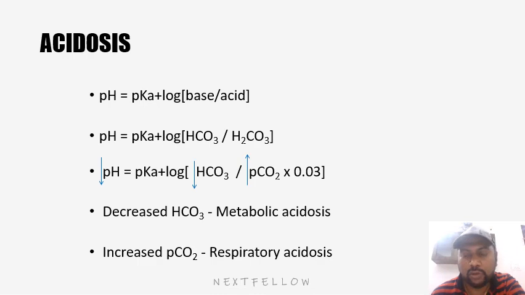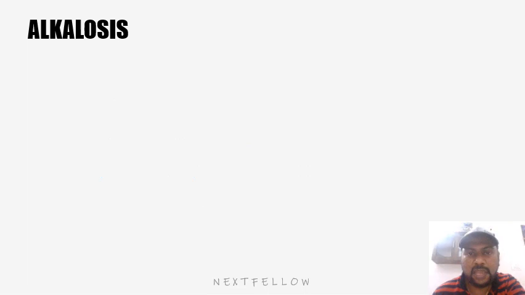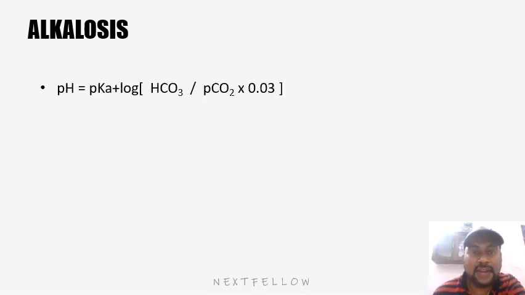One is metabolic acidosis, which is due to the defect in kidney renal regulation, whereas respiratory acidosis is due to the defect in pulmonary regulation. Next, with the same equation, we can also detect when alkalosis can happen. Alkalosis is nothing but increased pH. So this increased pH can happen whenever the numerator bicarbonate level increases or the denominator PCO2 decreases.